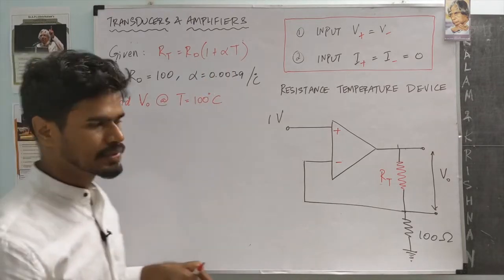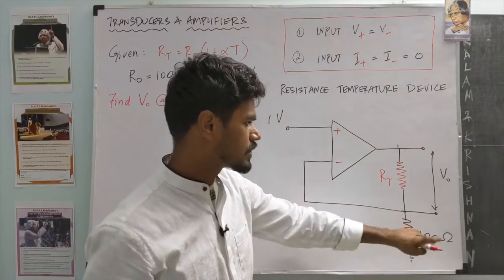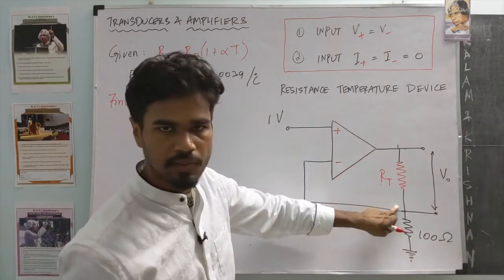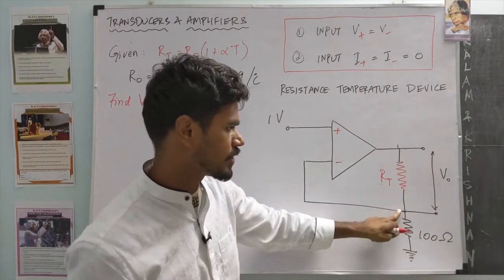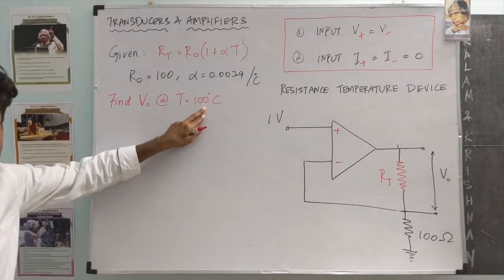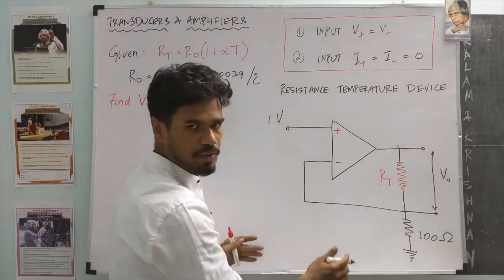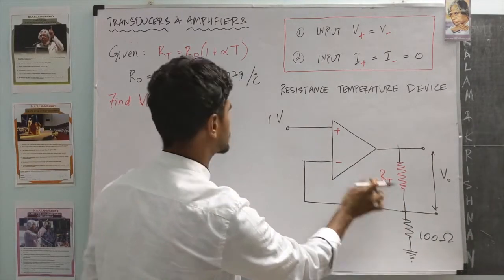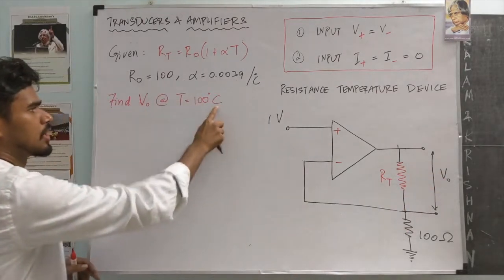What we want to find for this example is the output voltage that's measured across this RTD. It's not measured from the ground, it's measured across the RTD when the temperature is 100 degrees Celsius. Is the question clear? We are given an RTD op-amp circuit. The RTD characteristics are given. We want the output across it at a particular temperature.